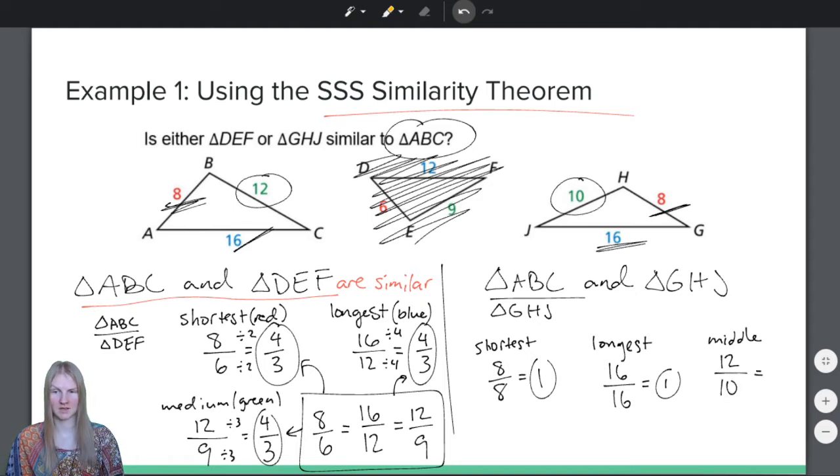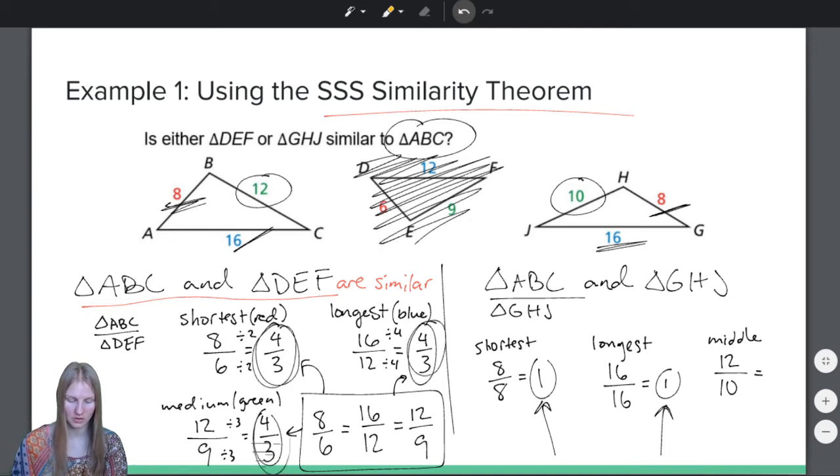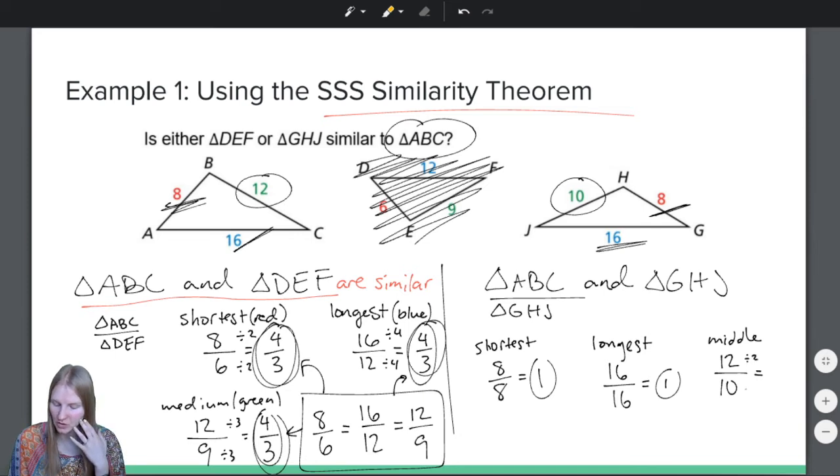Wait a minute. 12/10, that's not 1. I need all of the scale factors to be the same. Like in the first part, all the scale factors were 4/3. So I knew that the sides were all proportional. But 12/10, see, if I divide by 2 on the top and bottom, we get 6/5. These are not the same.